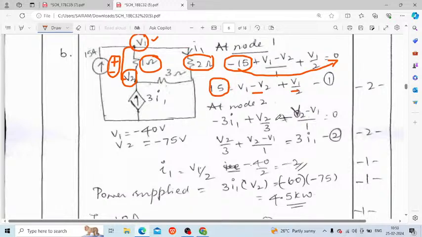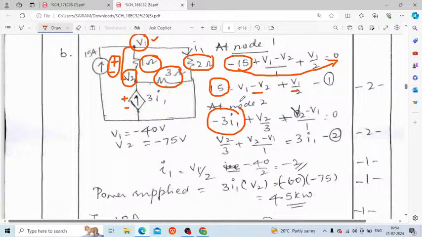So now at node 2, what happens is, with node 2, this is -3I1 because once again it is negative to positive, which is negative, so it's -3I1 plus V2 by 3. This V2 will get divided by this 3. So this is 3I1, you need to write it over here, -3I1. Here it is V2 by 3.